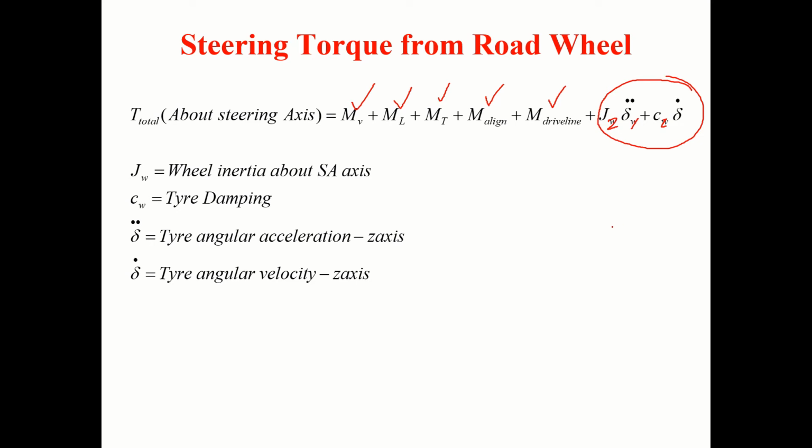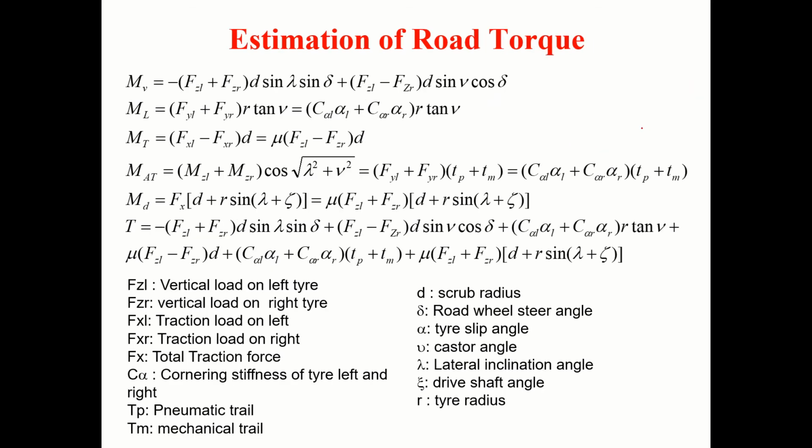When you are doing delta, it's about that point, you are rotating. Wheel inertia about the SA axis and tire damping are considered over here. Next, here we have not considered the wheel inertia, or we have considered wheel inertia. Now you know each of these terms, and I have written the total, adding everything.